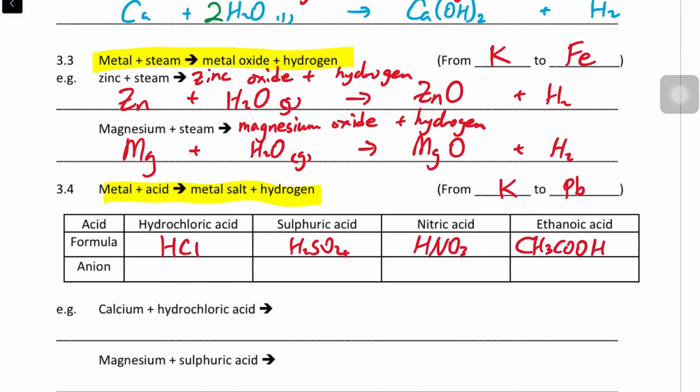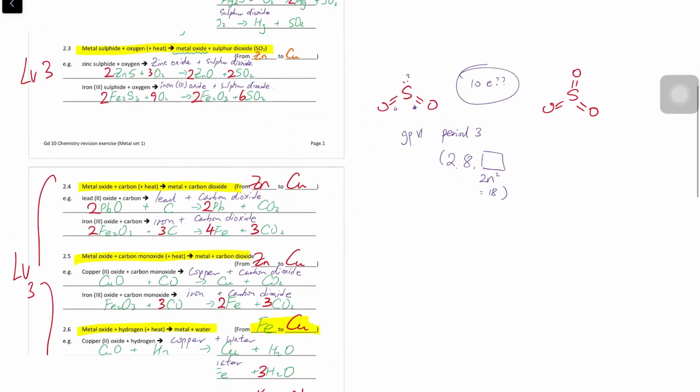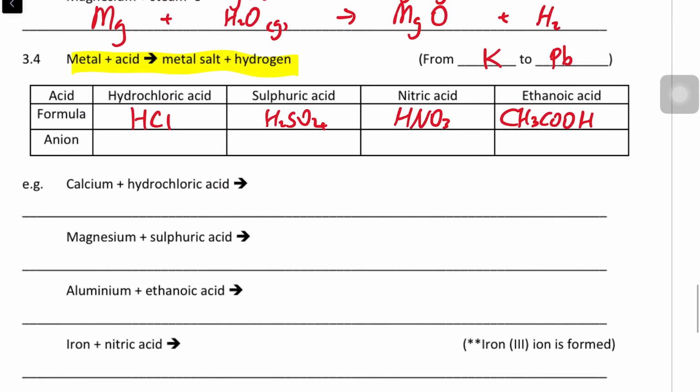And how about their corresponding anion? Here it shows. Okay, so let's write down. Calcium reacts with hydrochloric acid.